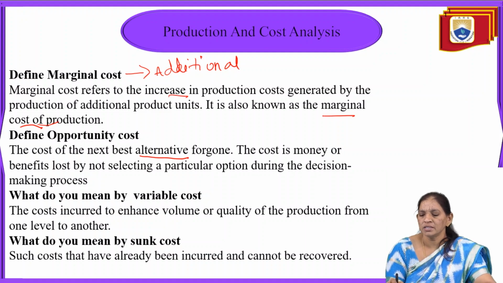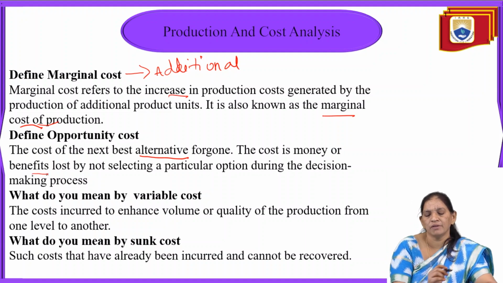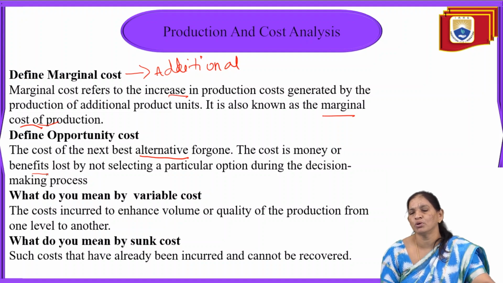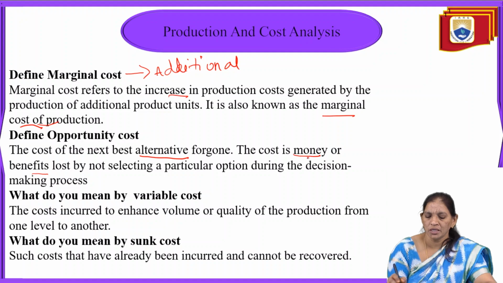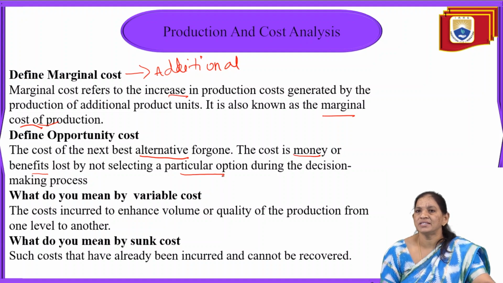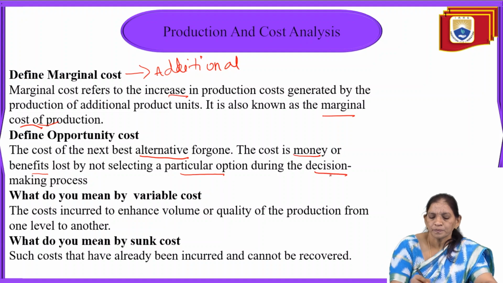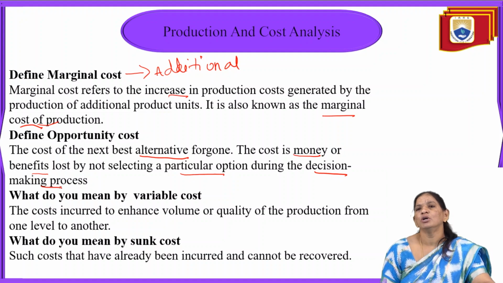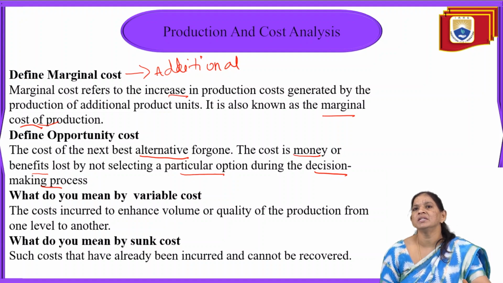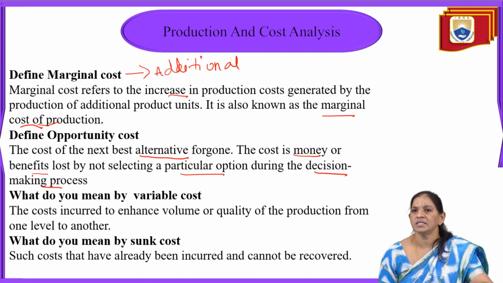The cost may be money or a benefit, so opportunity cost cannot be expressed only in terms of money. It may be the money or the benefit lost by selecting a particular option during decision making. Any benefit an organization has left or foregone in decision making, we call an opportunity cost.